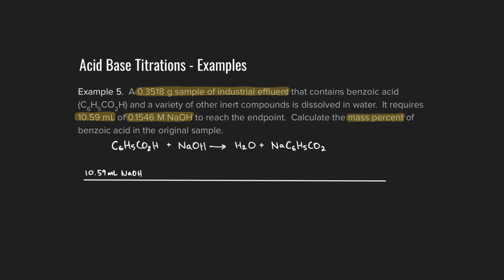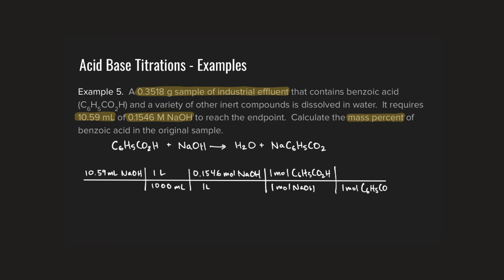And familiar pathway now, 1,000 milliliters is equivalent to 1 liter. 1 liter of my base contains dissolved 0.1546 moles, as we determined on our previous example here. That again is my molarity, moles per liter of my base. And then, looking at my balanced equation we wrote there, 1 mole of my NaOH reacts to 1 mole of my benzoic acid, C6H5CO2H. And I've previously gone through here and made a calculation now to convert from moles into grams of benzoic acid. I just need a molar mass.